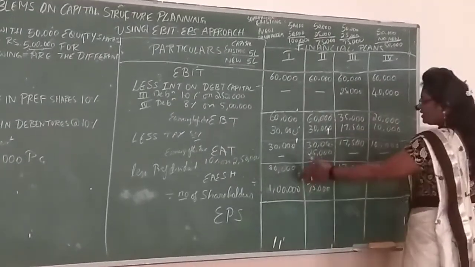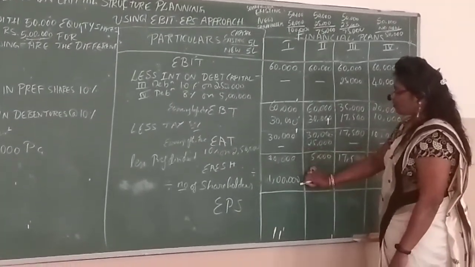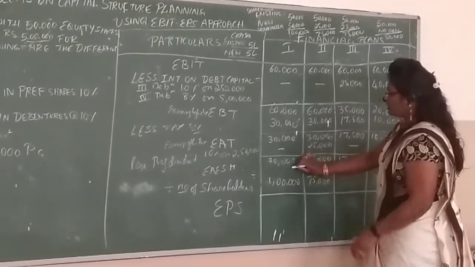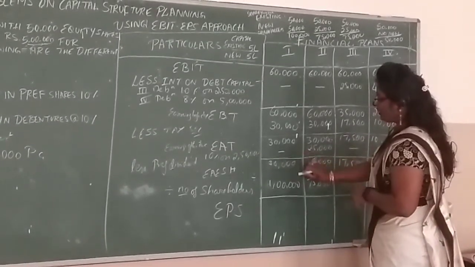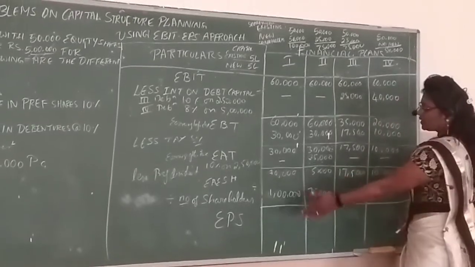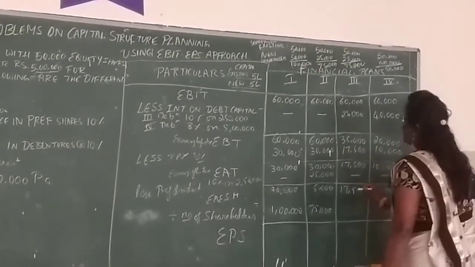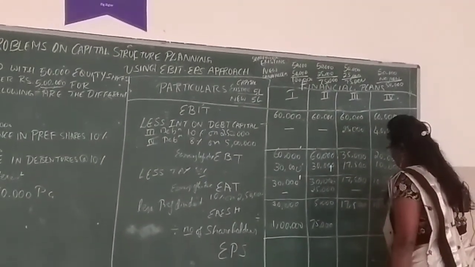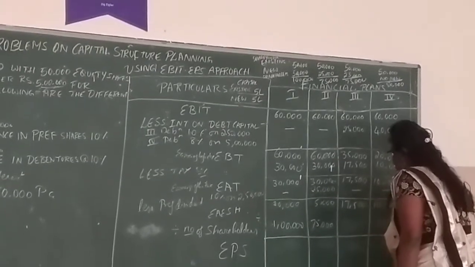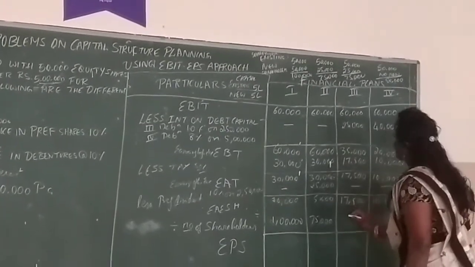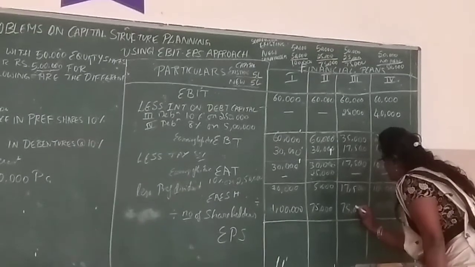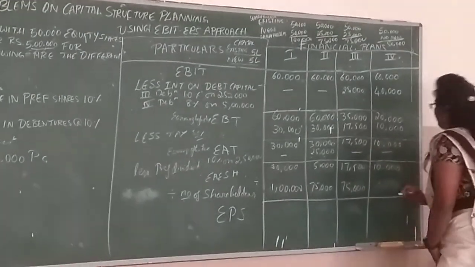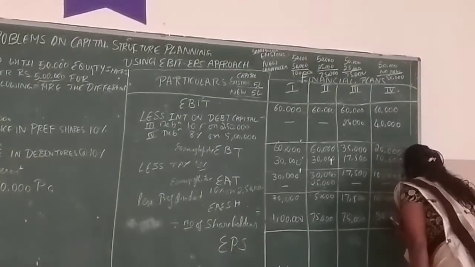This is the amount, and this is the number of shareholders. So the profits available for shareholders divided by the number of shareholders gives you the actual earning per share. Then I have 17,500 for the next one, with again 75,000 shareholders, and in the last plan we have 50,000 shareholders.